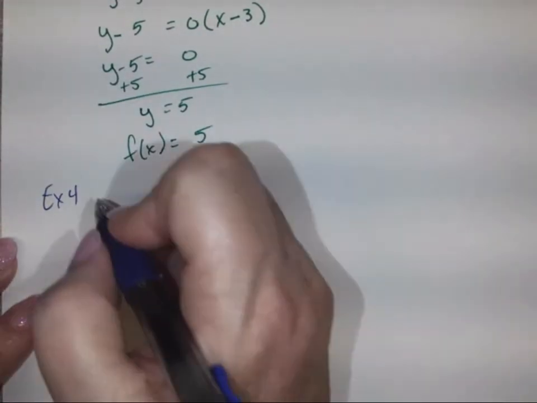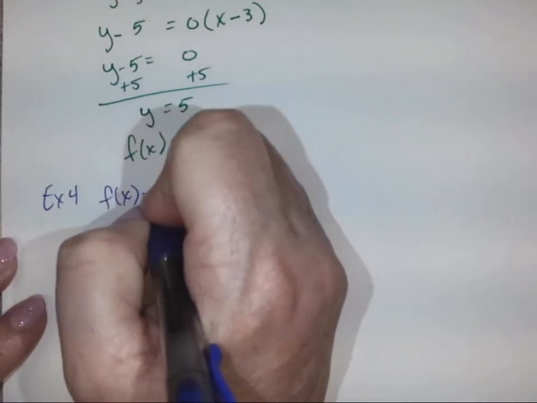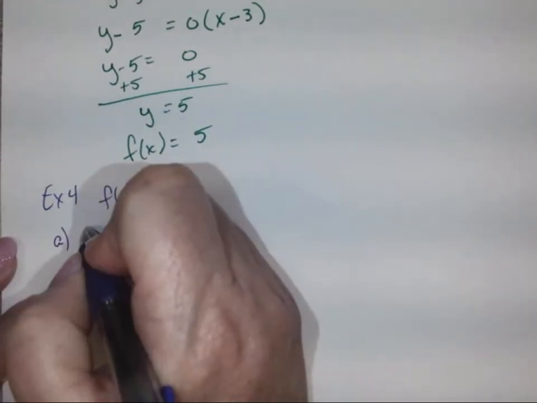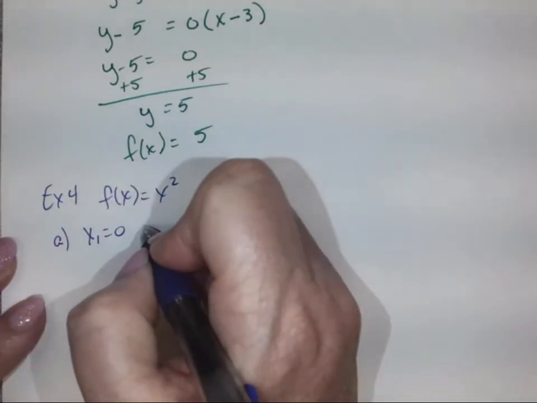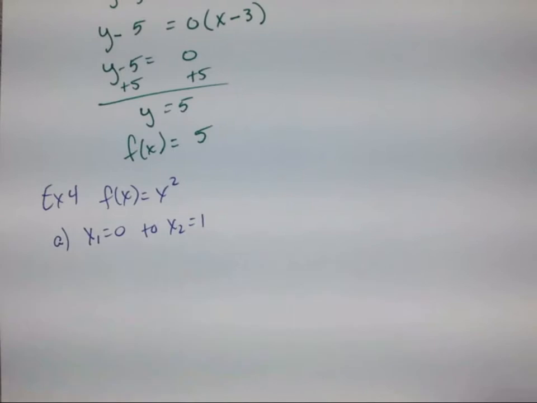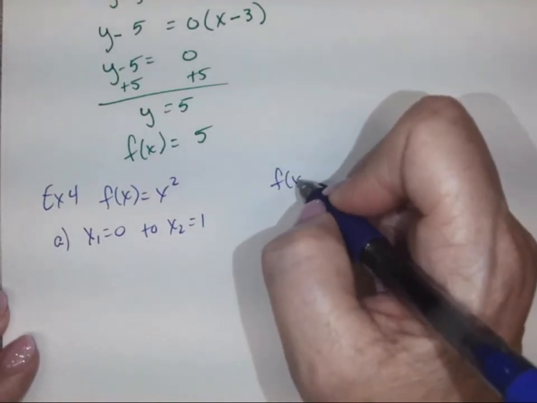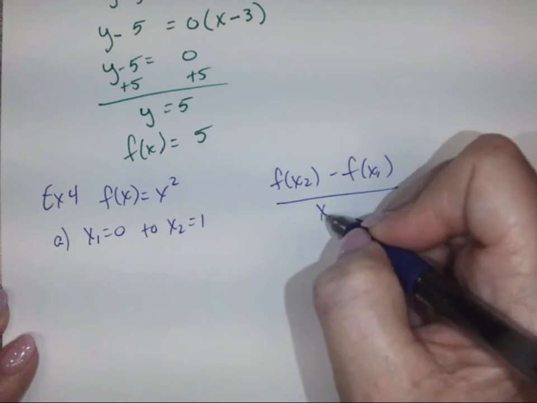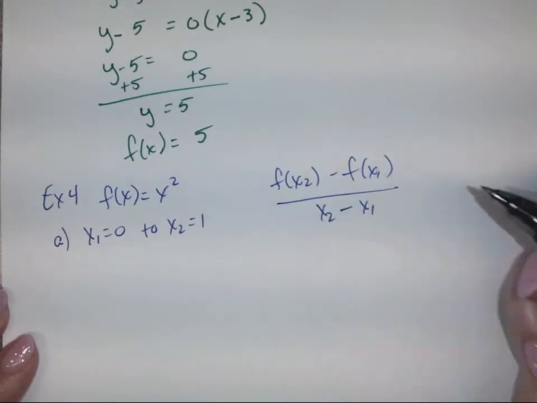And we are looking at f of x is equal to x squared. For part A, we're looking at x sub 1 equals 0 to x sub 2 equals 1. I'll write the formula down. We're looking at f of x sub 2 minus f of x sub 1, all over x sub 2 minus x sub 1.